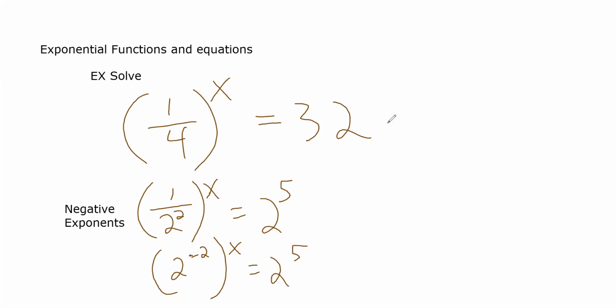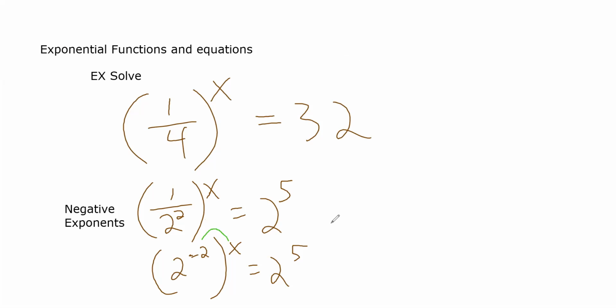And now if we keep going, according to our exponential laws, this is 2 to the negative 2nd, then raised to the xth power. We can multiply these two powers.